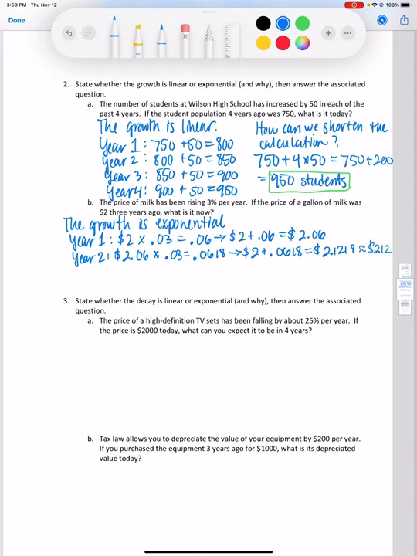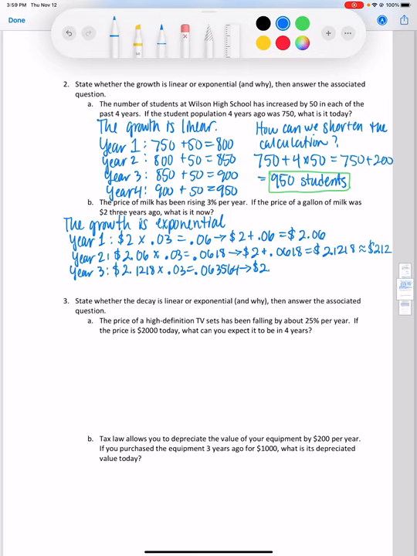Year 3. We take our 2.1218, multiply by 0.03 to get 3% of it. We get 0.063564.